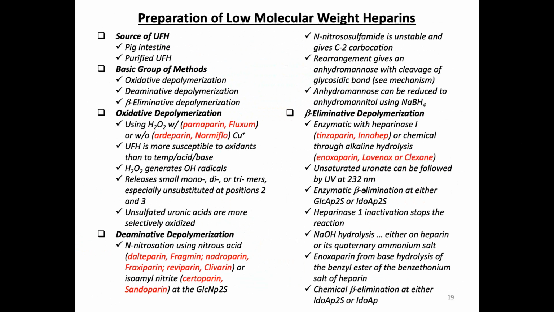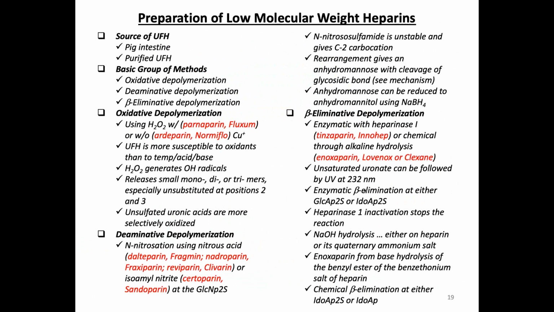So the oxidative method uses peroxide, hydrogen peroxide, and you get a molecule called parnaparin, which is also called Fluxum. This is not available in the United States. It's available in Europe. Or you can do the same thing with cuprous ions, and that is called certoparin or Sandoparin.